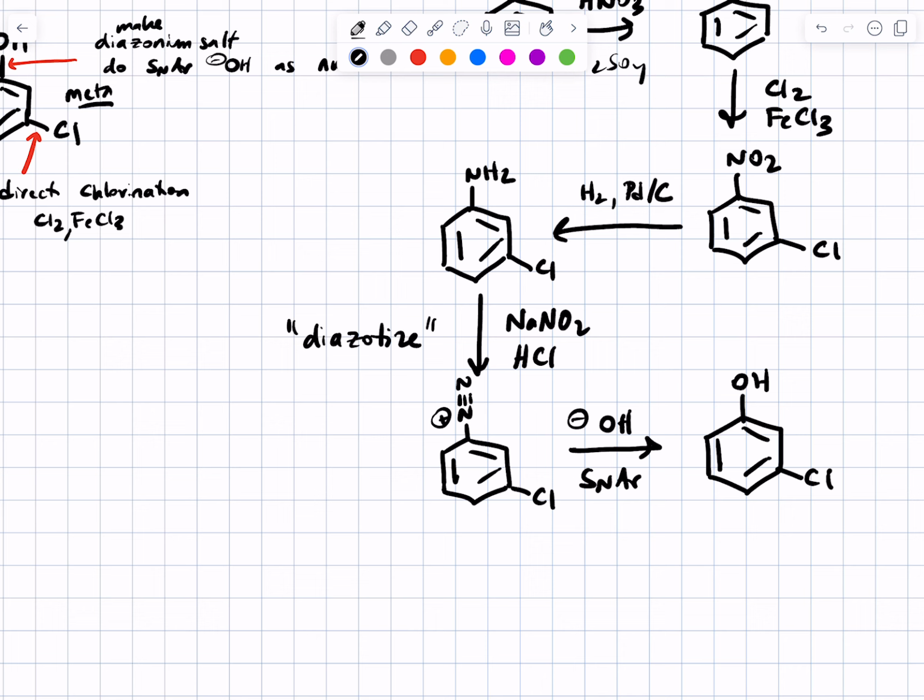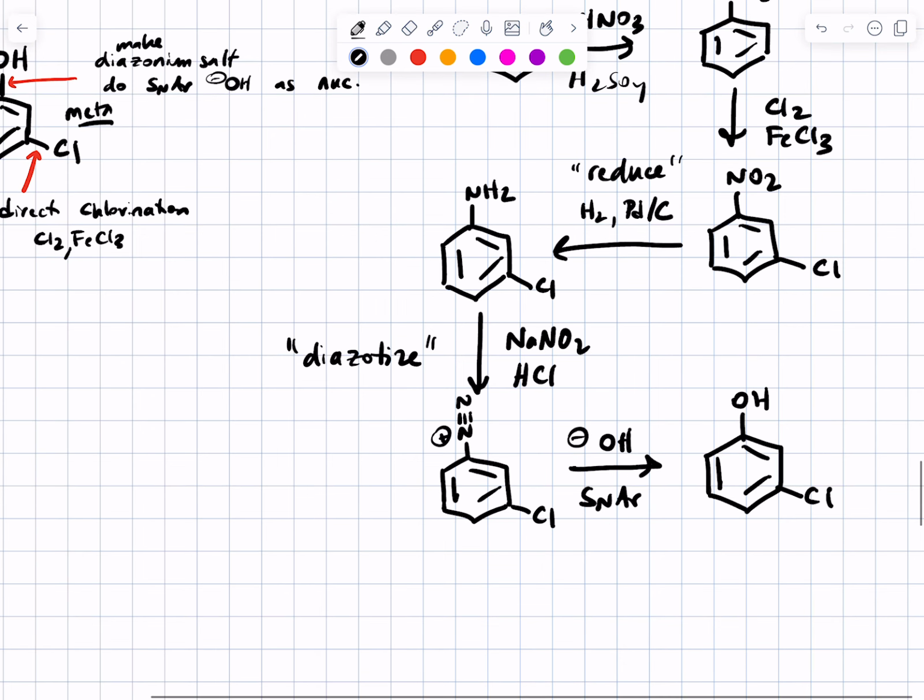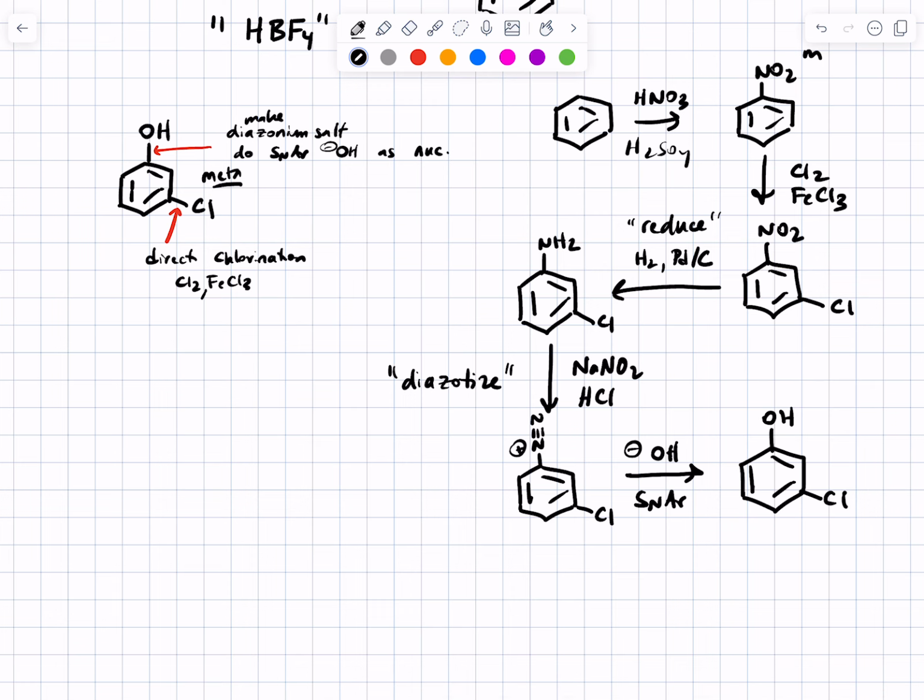So as we talk about these reactions, I'm sort of writing down the words that I used to describe. You've got nitration, direct chlorination, reduction, diazotization. How's that for a fun word? And then the SNAR reaction.